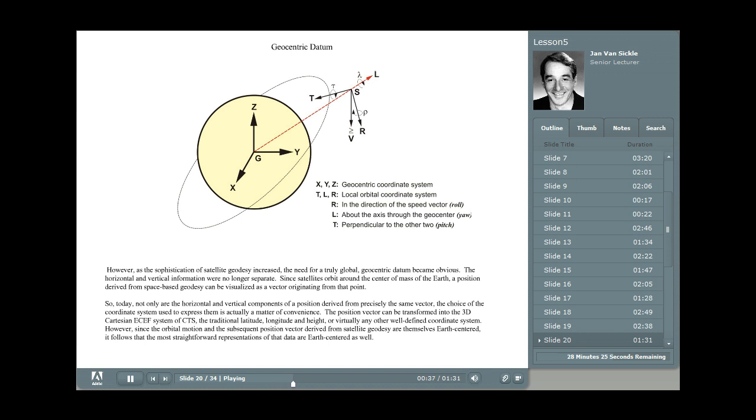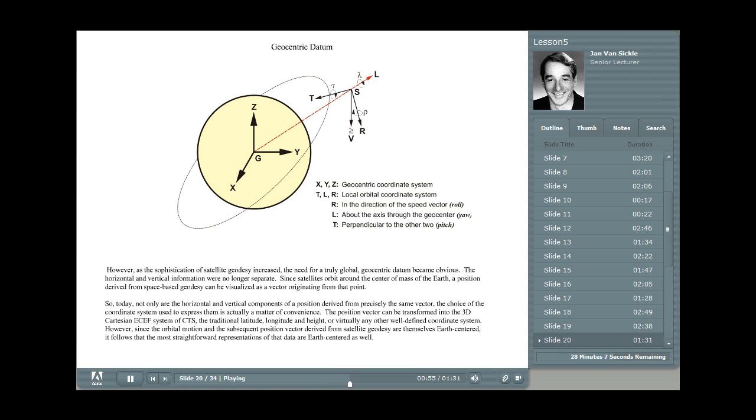And since satellites orbit around the center of mass of the Earth, a position based in space-based geodesy can be visualized as a vector originating from that point. So the horizontal and vertical components are part of that same vector.